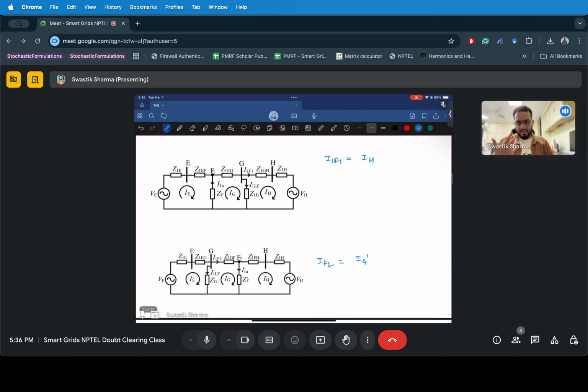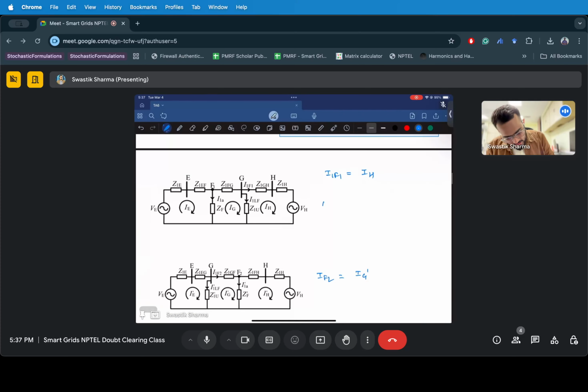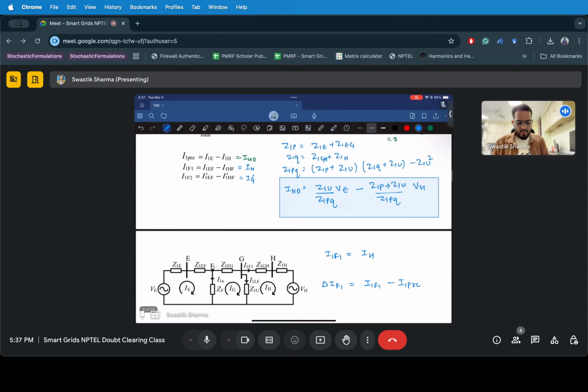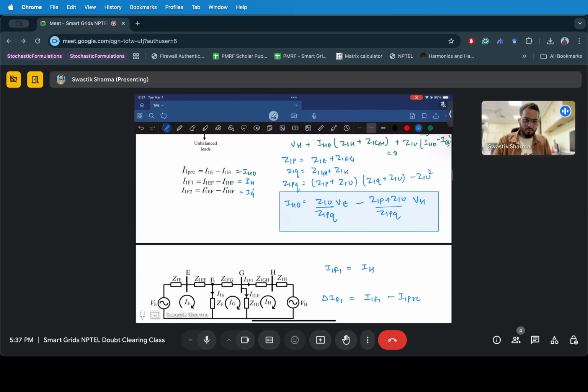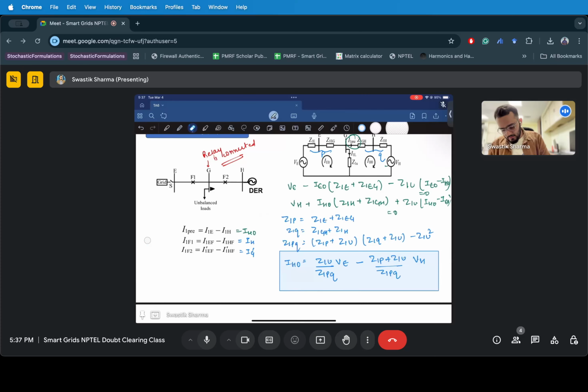What we are essentially looking for is to superimpose both of these conditions, right? I1 F1 minus I1 pre, and check what the fault looks like. So you check delta IF1: post-fault and pre-fault, you subtract. These are phasor quantities, so you have to do it in polar coordinates, with phase angle, right?